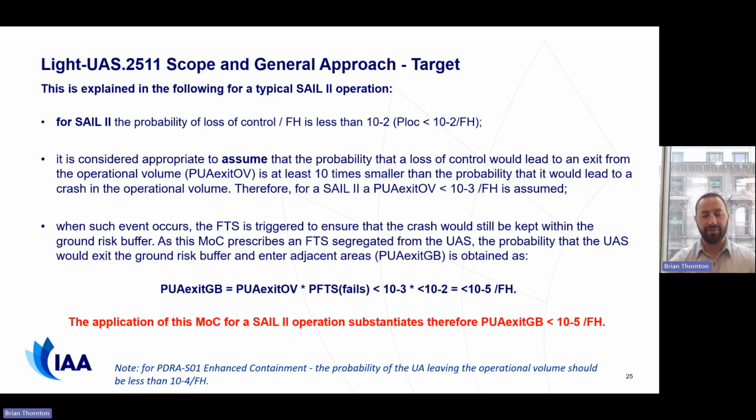So there's a significant increase in safety mitigation. The level of safety has increased dramatically by the introduction of enhanced containment using a flight termination system. The application of this means of compliance for a SAIL 2 operation substantiates, therefore, that the probability of exiting the ground risk buffer for your operation is 10 to the minus 5 per flight hour.